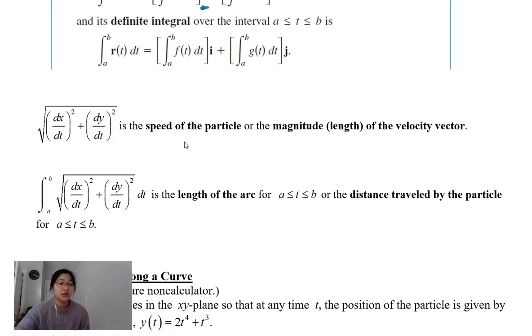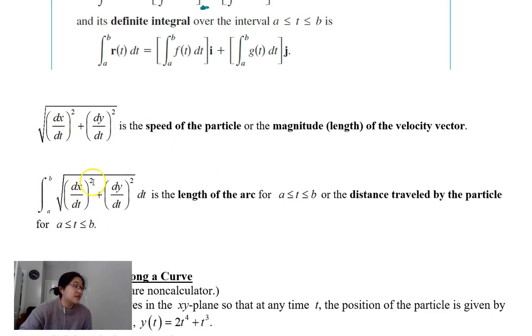The speed doesn't have the direction, but it does have the magnitude. If you're driving, that's what's on your speedometer. Even if you're going backwards, the speed still looks the same: 5 miles per hour backwards, you're still going 5 miles per hour.